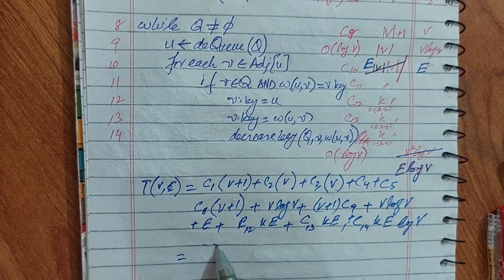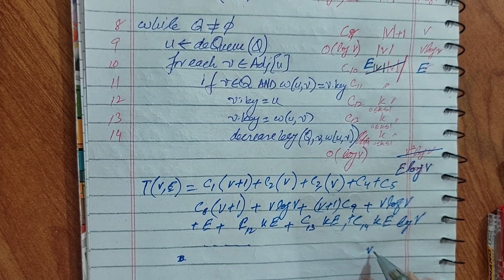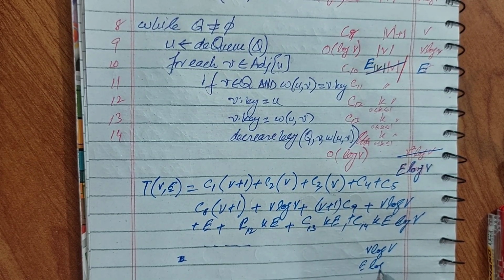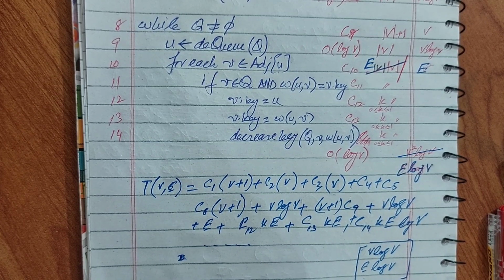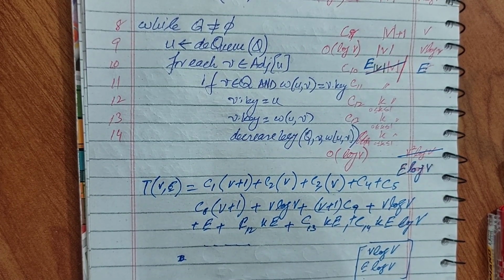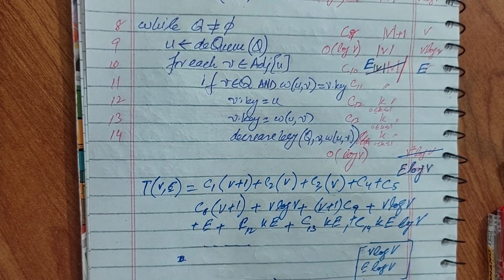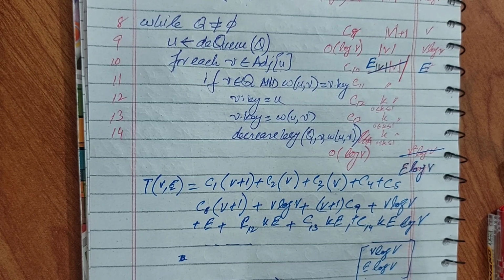So please simplify this one, and you can find there would be two major expressions in this one. One would be v log of v, and the other one would be e log of v. So you will find these two major expressions, and finally you will get big O of e log of v. That is the time complexity for this one using the priority queue.